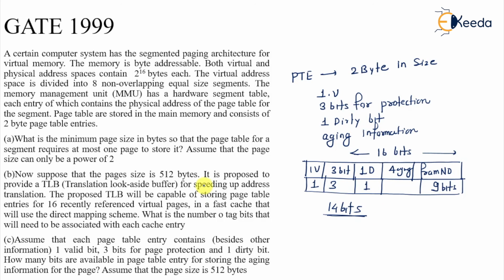One valid, 3 for protection, one dirty, that is 5, and 9 for the frame number. So 9 plus 5, that is 14 bits we have already used, and the total size is 16 bits. So we are left with only 2 bits for the aging.